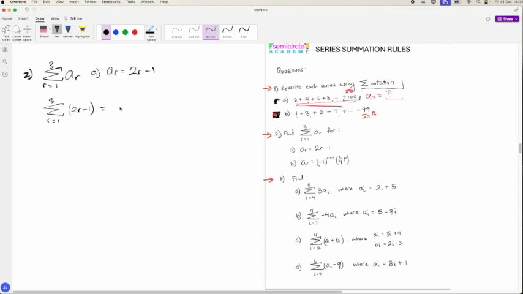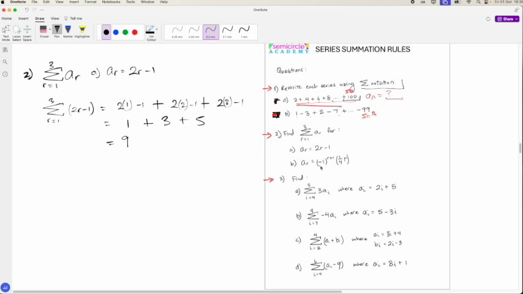And that is going to be when r is 1, plus when r is 2, plus when r is 3. 2 minus 1 is 1, plus 2 2s are 4, minus 1 is 3, plus 2 3s are 6, minus 1 is 5. So the answer here is 9.